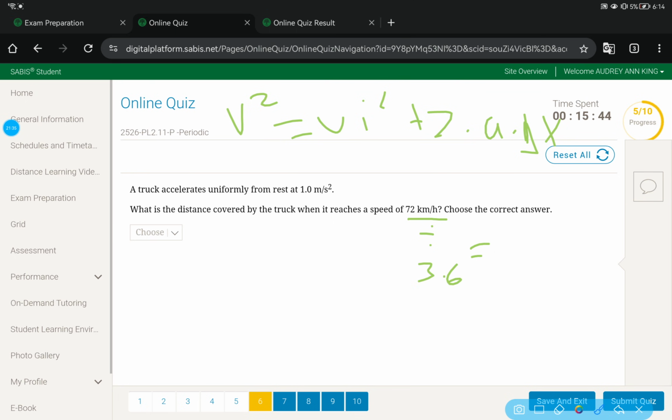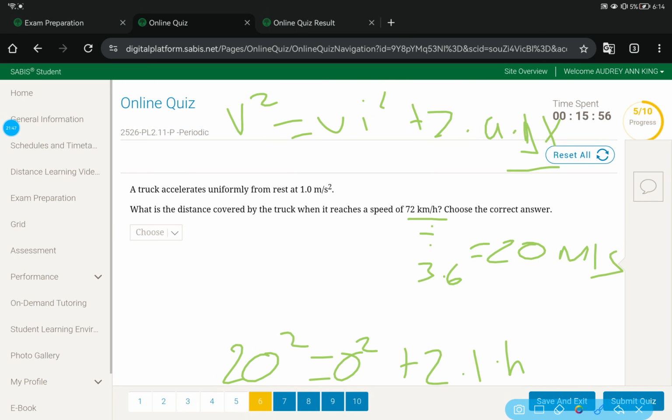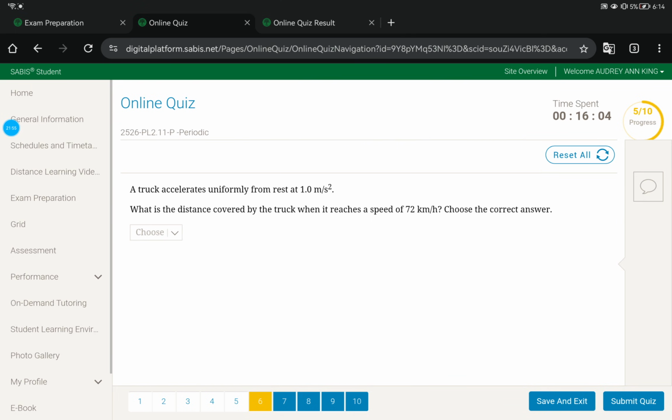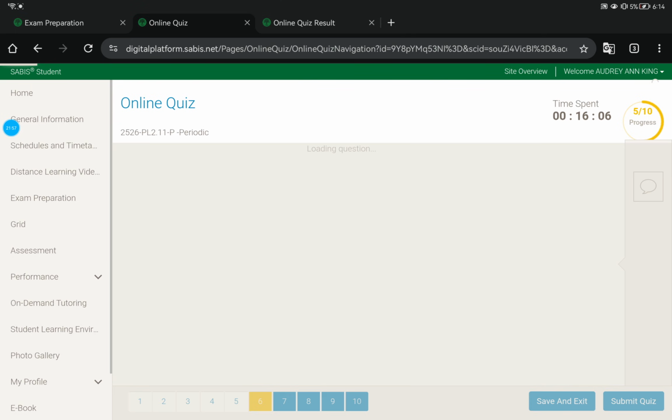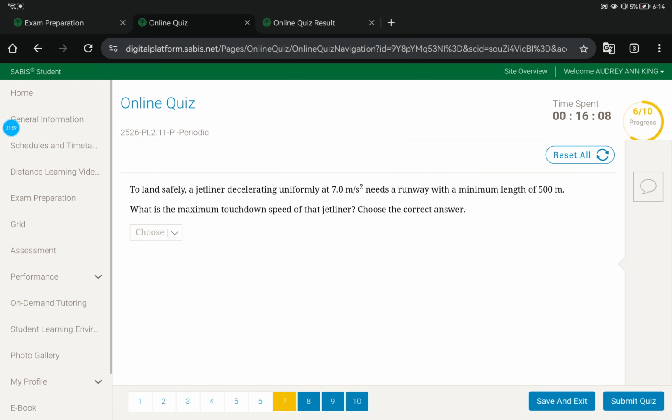So you get 20 meters per second. So 20 squared equals 0 squared because it's starting from rest, plus 2 times 1 times h. So 400 equals 2h. So you get 200. Okay.